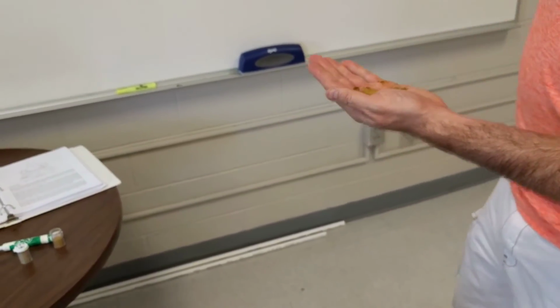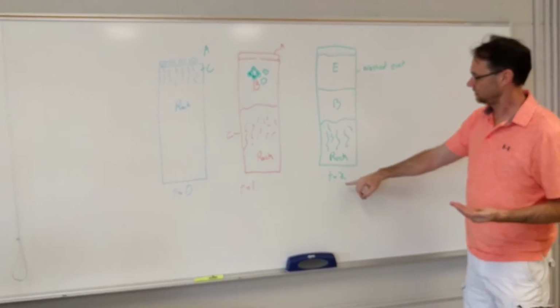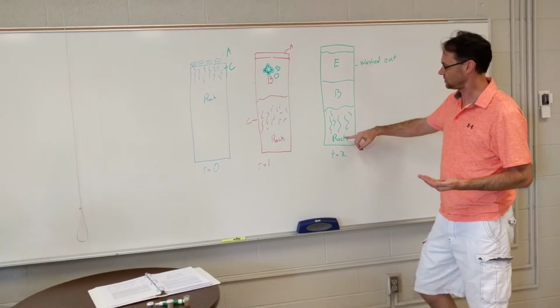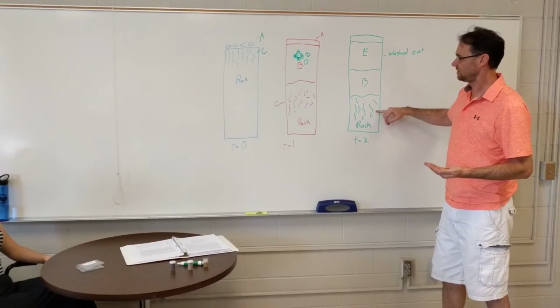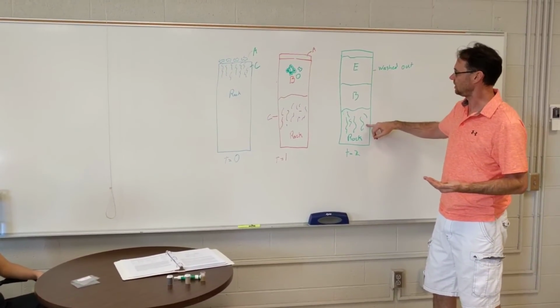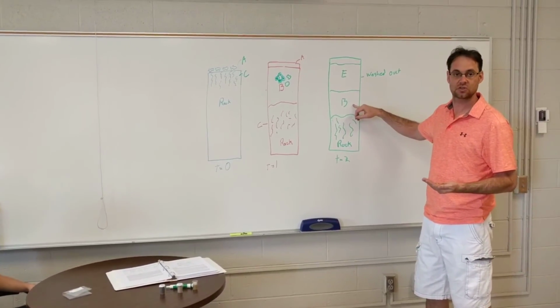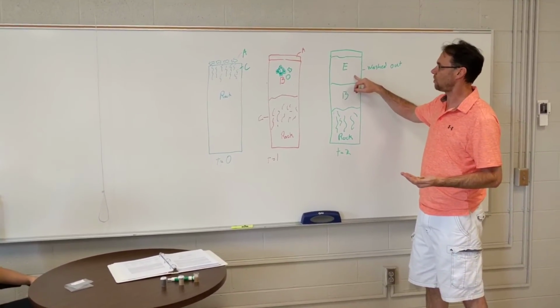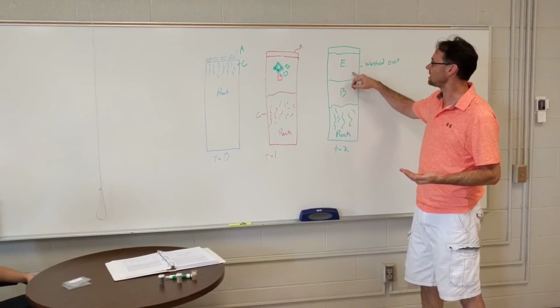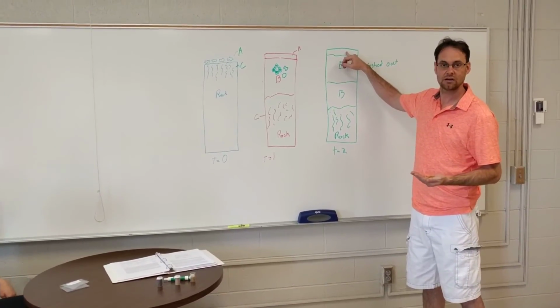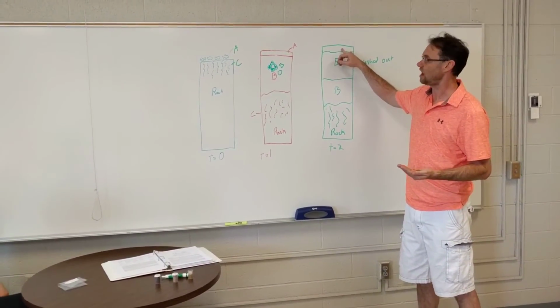Okay? So we've divided now, in the next section, we've seen that rock is at a lower level. The C layer is the saprolite layer. B layer is the soil layer. E is the washed out zone. And above the E, we have our A layer, which is the topsoil.